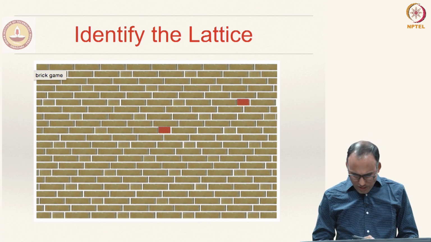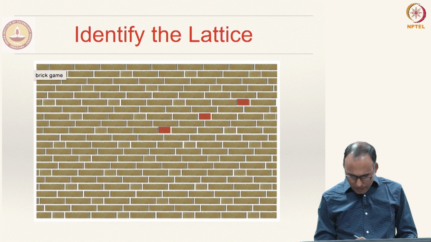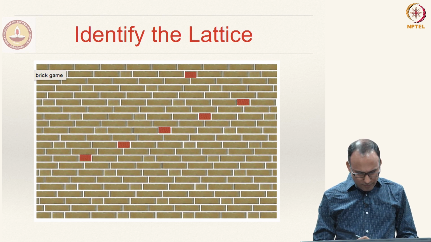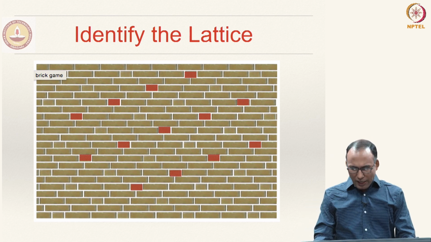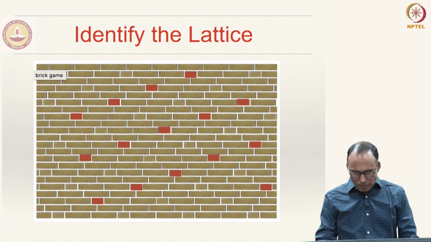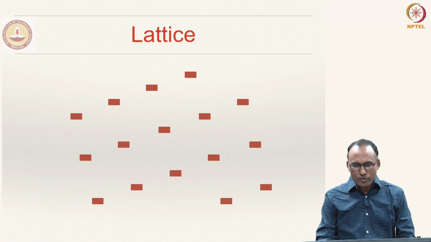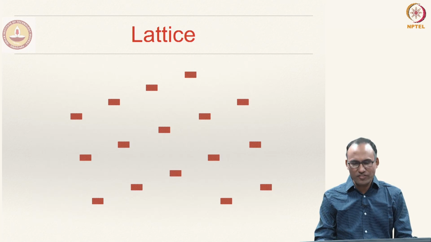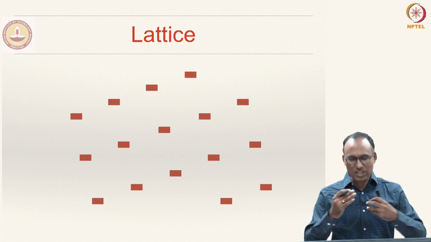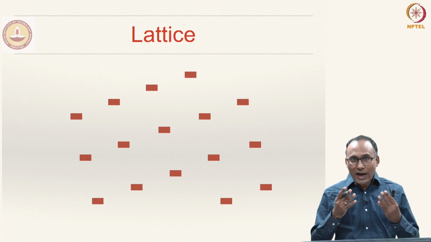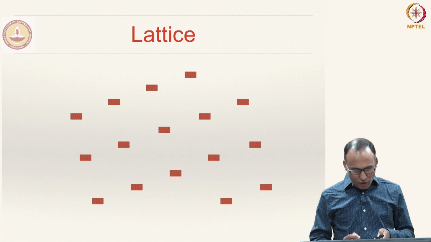The next one is this one, that one, that one, that one, that one, that one. So, we can see these are our identical points, right. Now if you remove the background pattern, these are the set of points that you are left with, and this is what we call the lattice of the underlying structure.